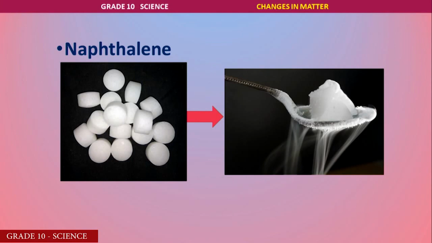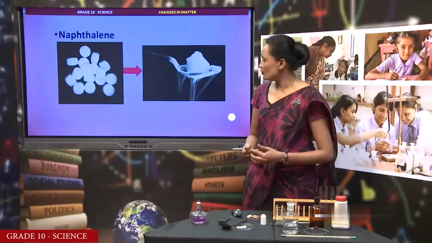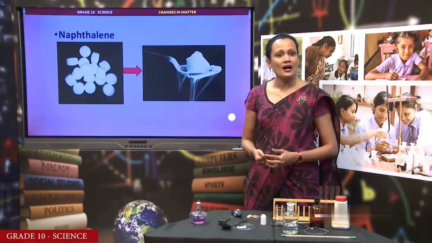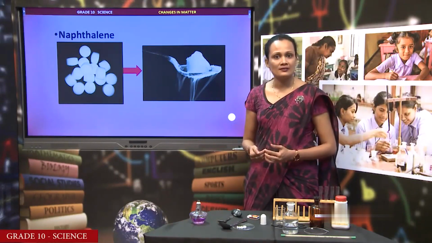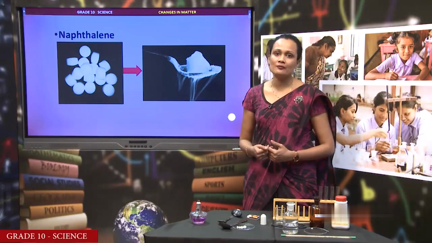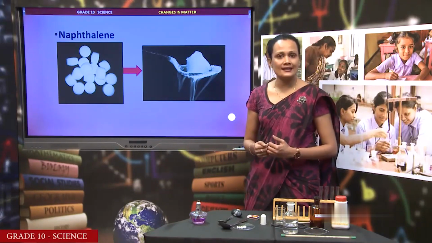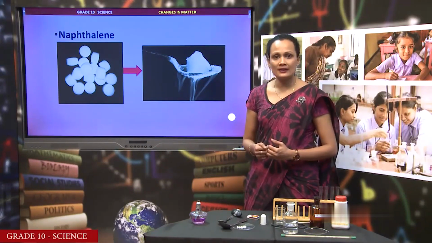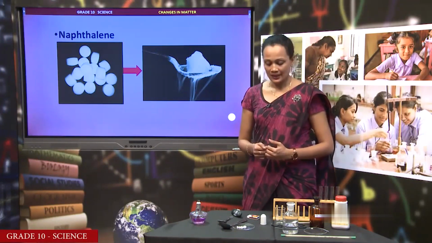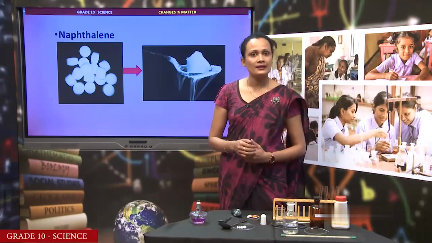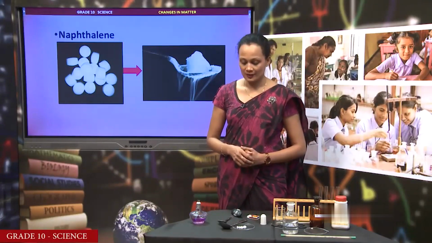The solid naphthalene turned into liquid naphthalene. After that, it turned into gaseous naphthalene. Then again it is solidifying. The physical states are changing when the naphthalene melts and solidifies. Then we will go to another activity relevant to that.